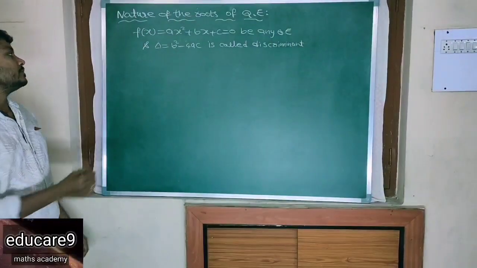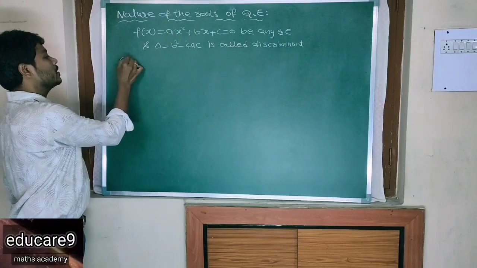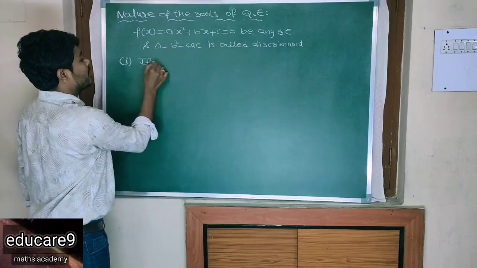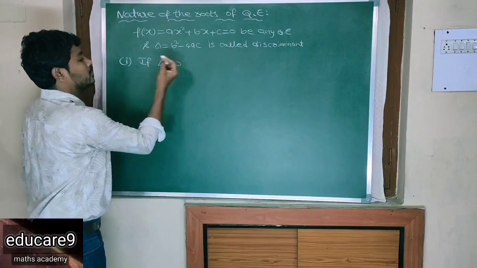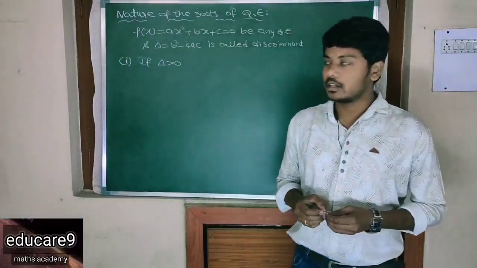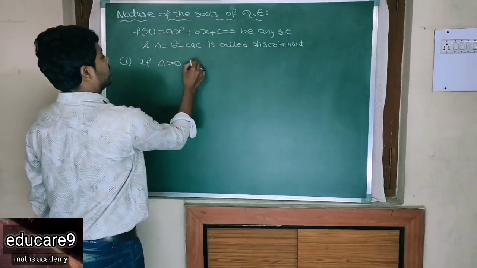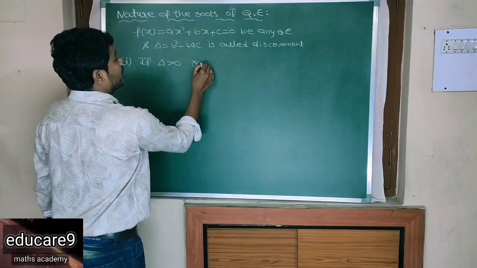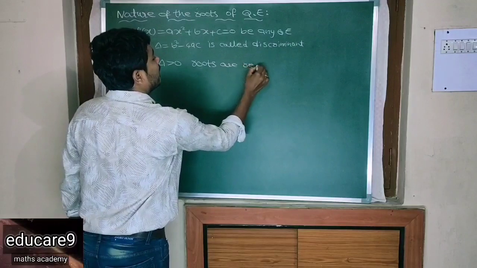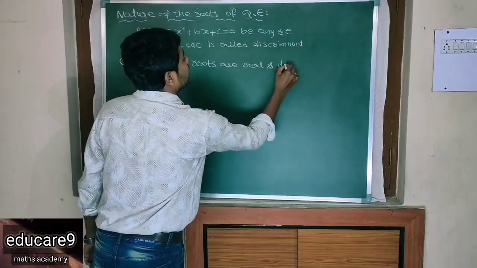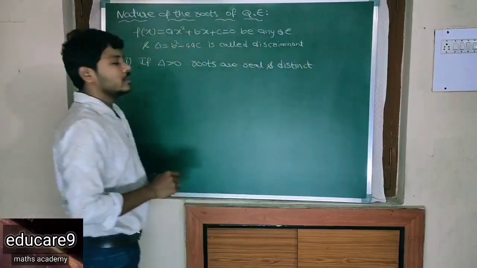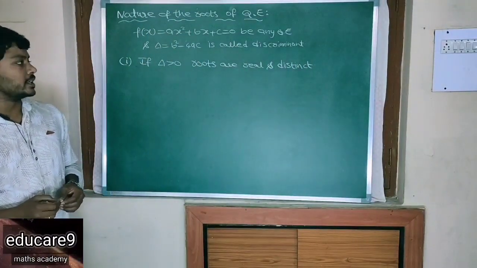So first one, if delta is greater than 0, in that case roots are real and distinct. So in that we have two conditions.